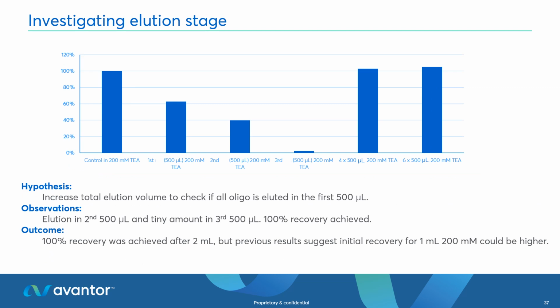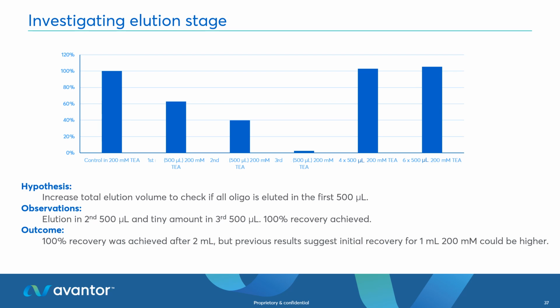Previously, I'd mentioned that it wasn't necessarily just the volume, but also how we eluted it. So if we did it in one elution or two elutions. And to this effect, the following data identifies that. So here we have a graph that looks at a control sample, a solution of compound in 200 millimolar TEA, and all the responses should be 100% of that from the elution.